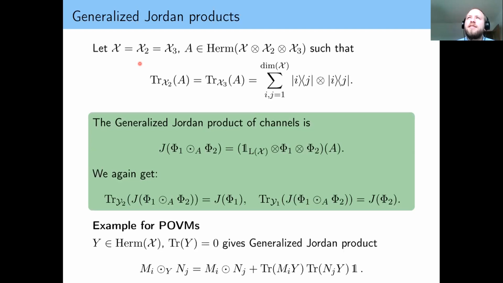This is usually the case if you change the dimension of your system using the channel, because then you get some more freedom. So it can happen that for two channels, different A's produce the same generalized Jordan product.